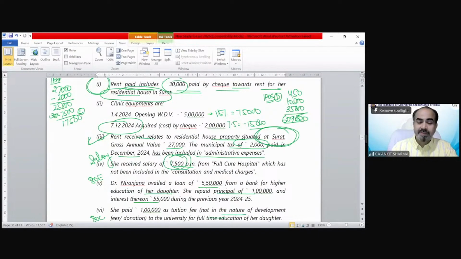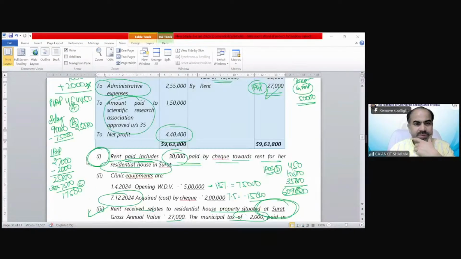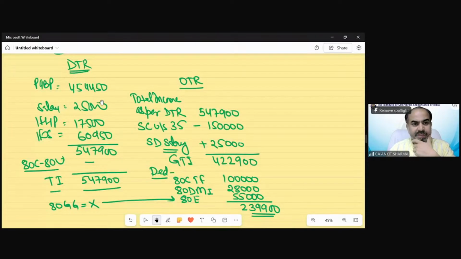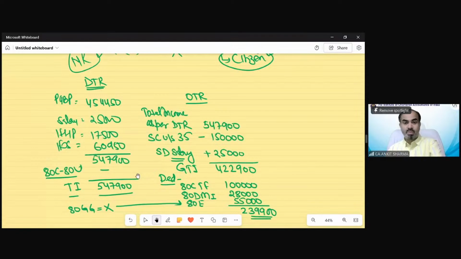For 12 months, it would be 90,000. Okay. In my calculation, where it is 15,000? It is 25,000 I have taken over here as salary. I think you must have some confusion.